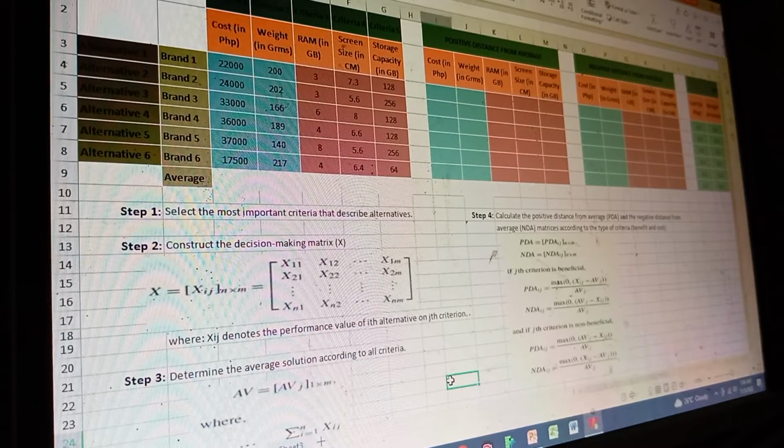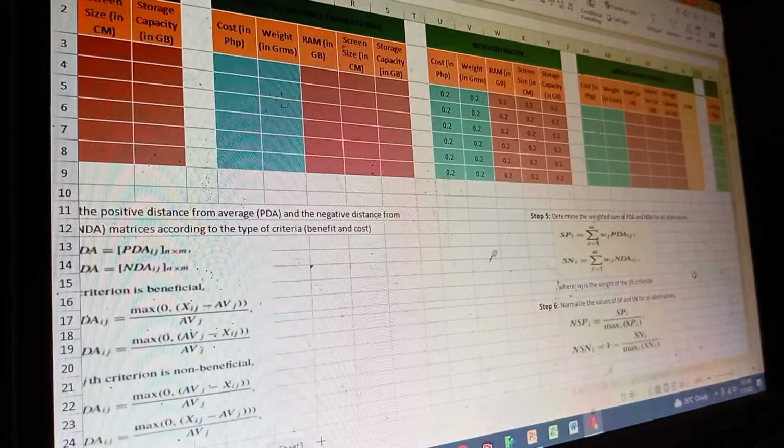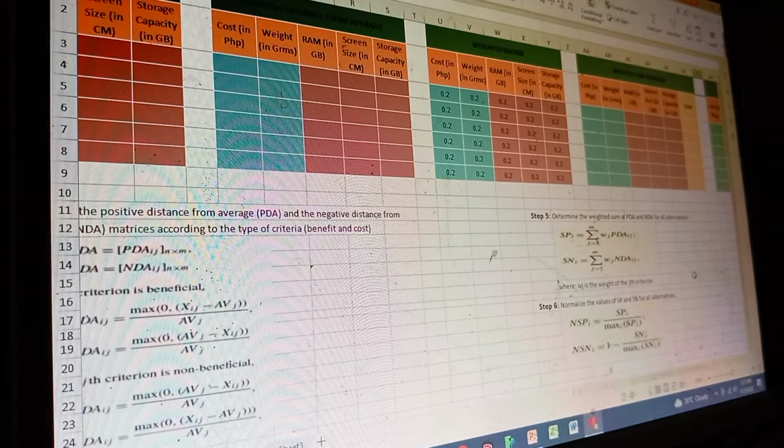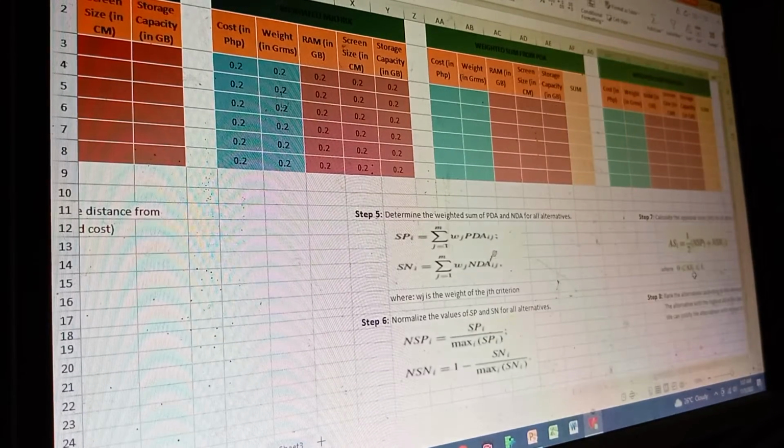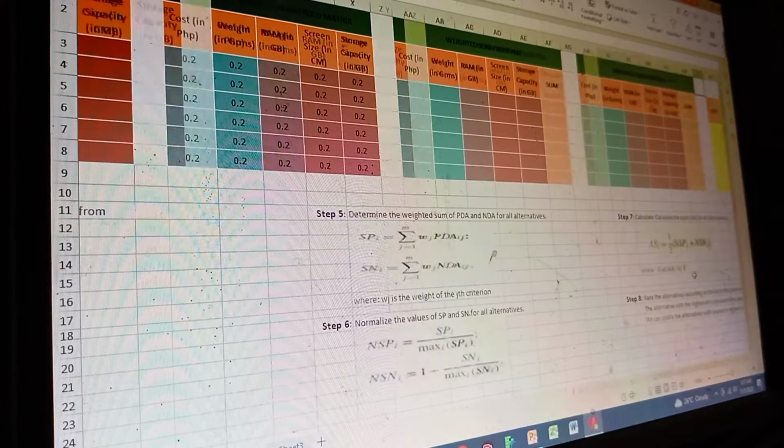Step 2, construct the decision-making matrix. These are the decision-making matrices: the positive distance from average, the negative, then the weighted sum of positive distance and the weighted sum of negative distance.